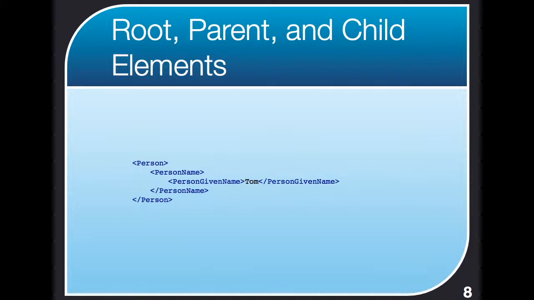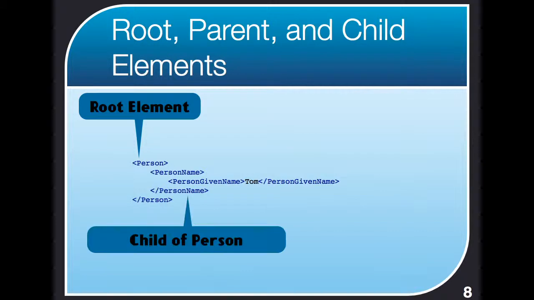The third thing you need to notice here is that a hierarchy is formed. We have the person tags on the outside, and in XML that's called the root element. That's the outermost set of tags. Inside of that are a pair of person name tags, an opening and a closing tag. So that makes the person name tag a child of the person tag.